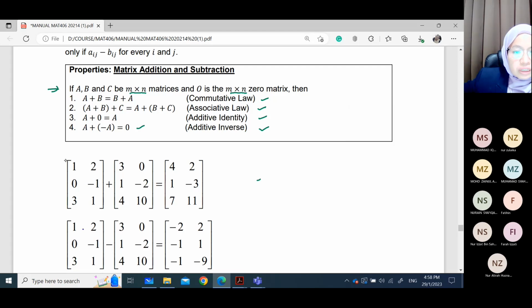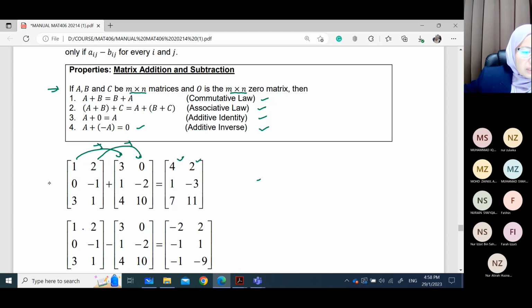Elemen pada location yang sama kita tambah. Contohnya kat sini kita ada matrix 1, 2, 0, negative 1, 3 plus with 3, 0, 1, negative 2 and 4, 10. So ini dah tambahkan je. So 1 plus 3 we have 4. So 2 plus 0, so here we have 2.